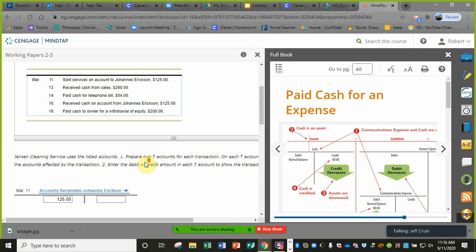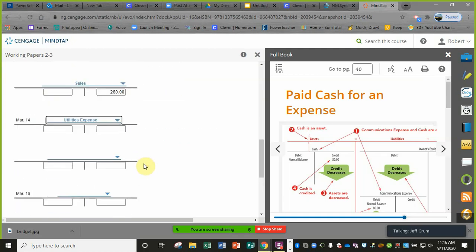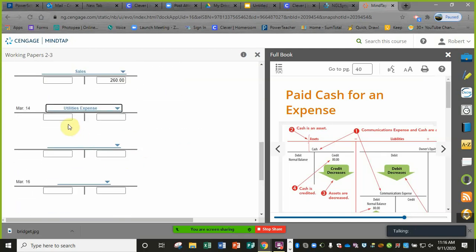And the amount is $54. So we have a decrease in cash. So we'll have $54 here. I'm sorry, our liability went up.